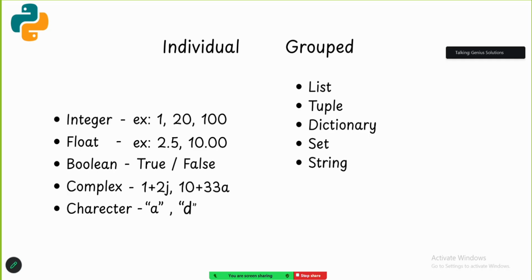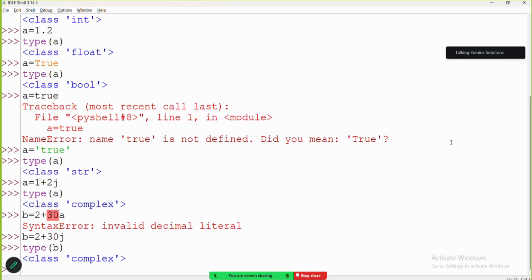See, for example, okay, this is a character. But when we give it in Python, even if it is a single letter, it will be represented as a string itself because it is enclosed with single quotes or double quotes. We don't have characters in Python.